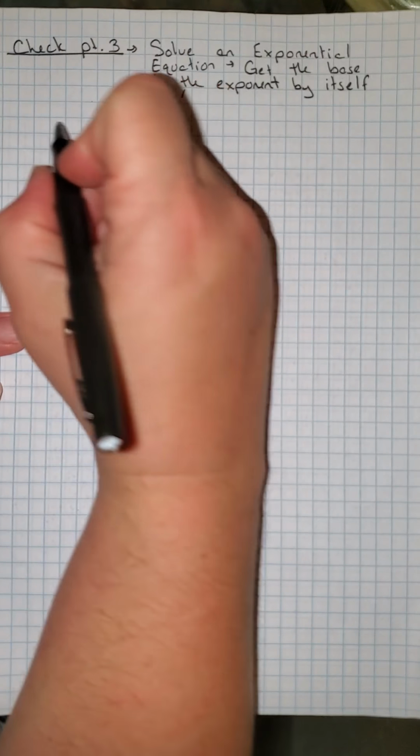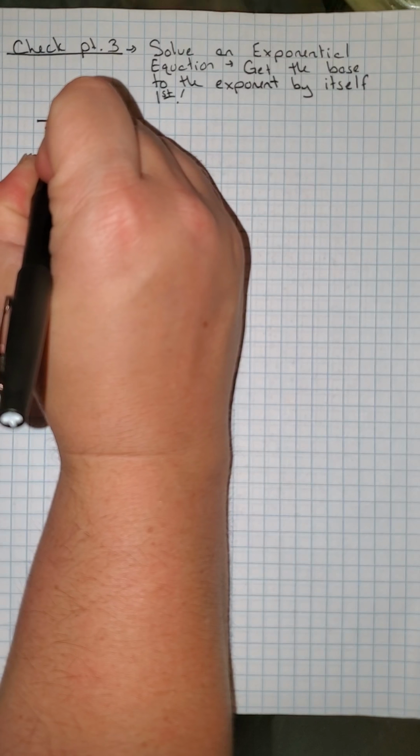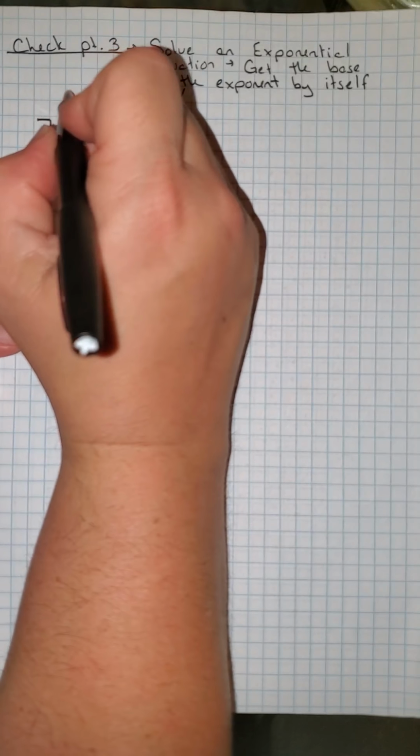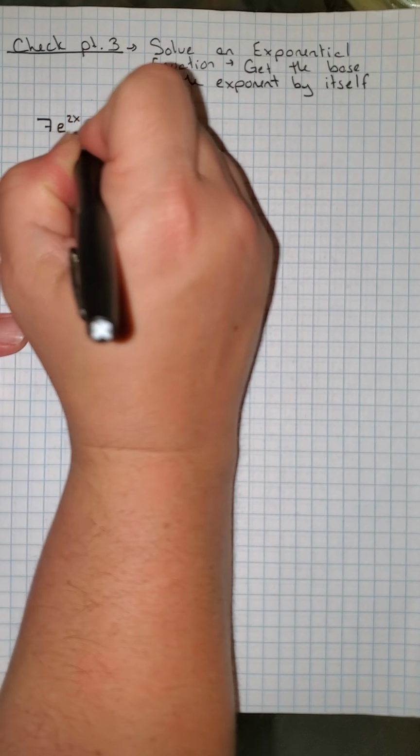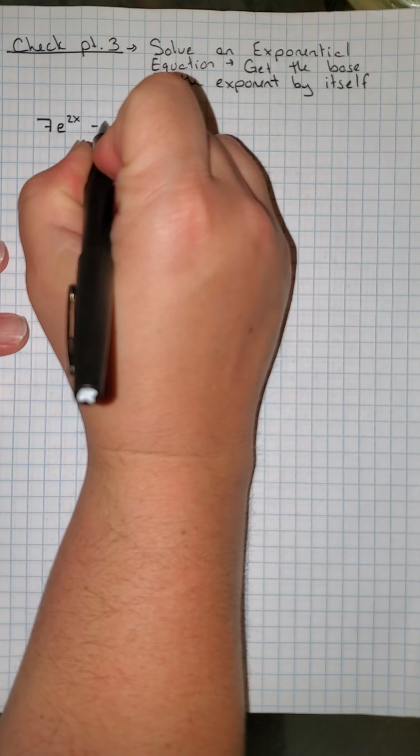All right, so for this one we have 7e to the 2x minus 5 equals 58.